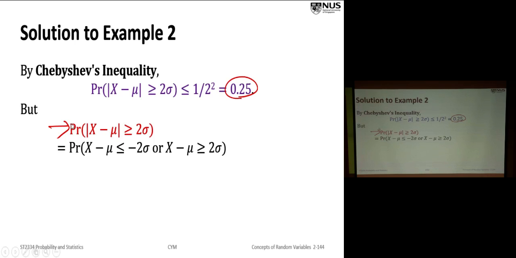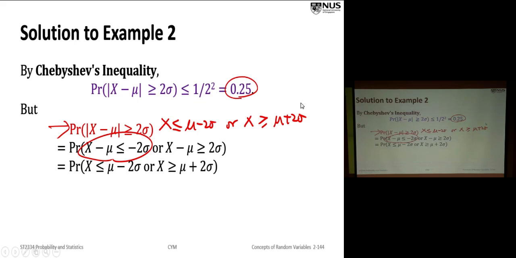So this simply means that x is less than mu minus 2 sigma, or x is bigger or equal to mu plus 2 sigma. But what is mu minus 2 sigma? Mu minus 2 sigma is minus 0.44, and mu plus 2 sigma is 5.72.